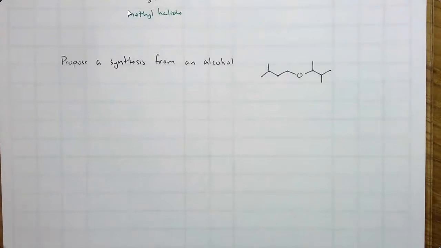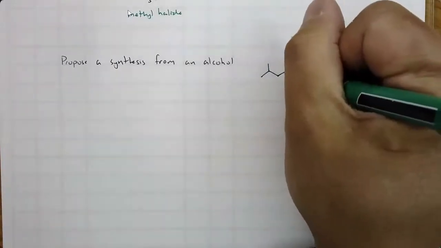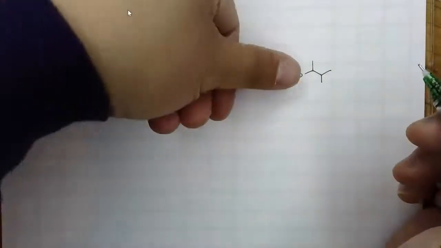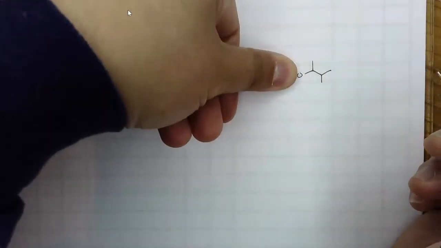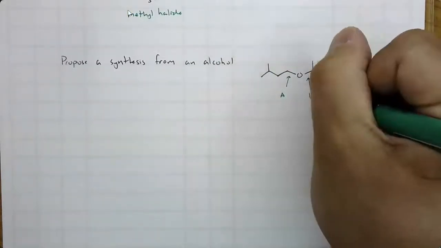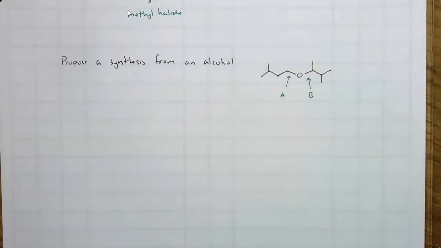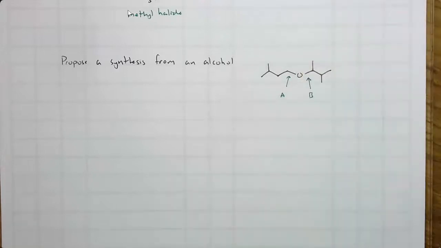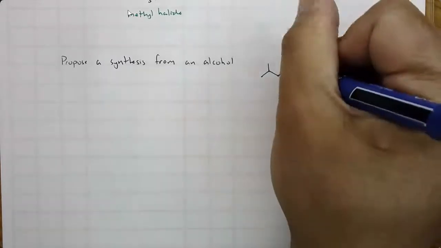Well, the thing is, we could either make this bond using an alkoxide that looks like that, or we can make this bond using an alkoxide that looks like that. Okay. Which one is better? Or are both doable?